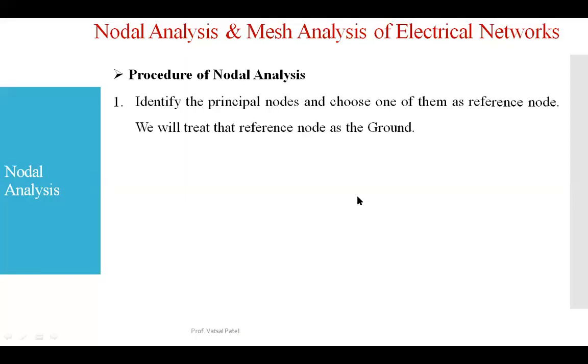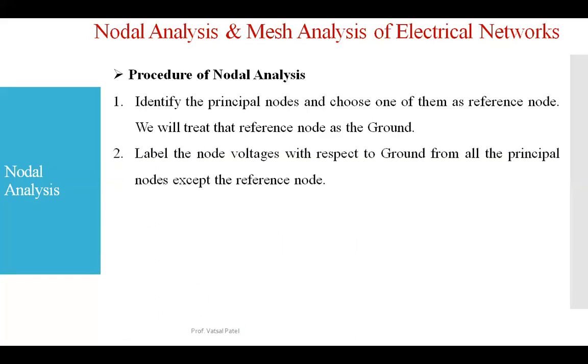So the first step, as I told you, is to identify the principal nodes and select any one node as the reference node, which you can also consider as the ground node. Then you label the node voltage with respect to ground for all the principal nodes except the reference node.